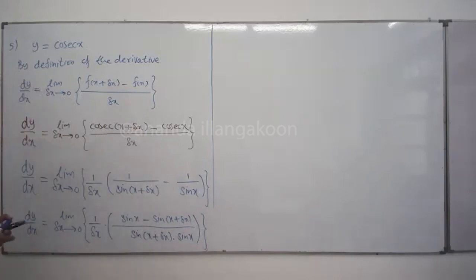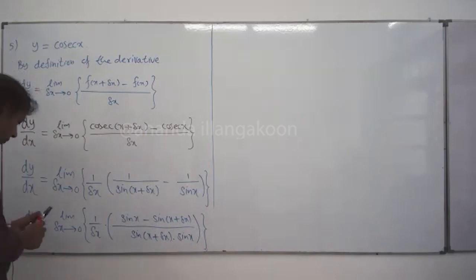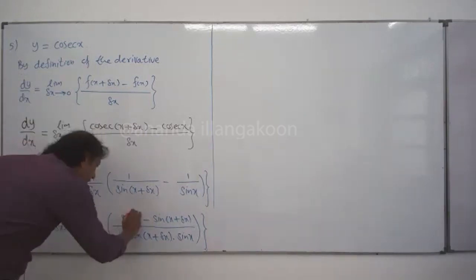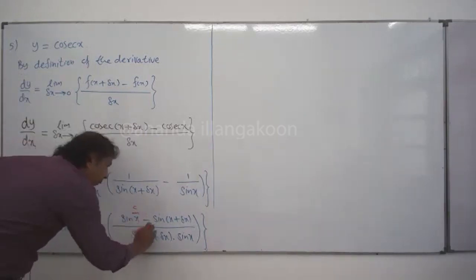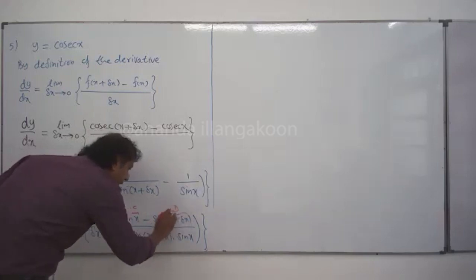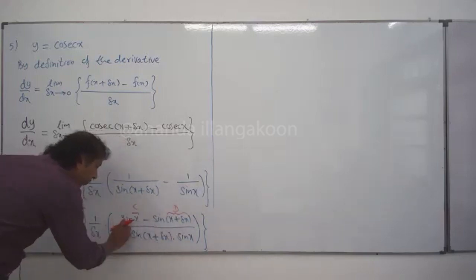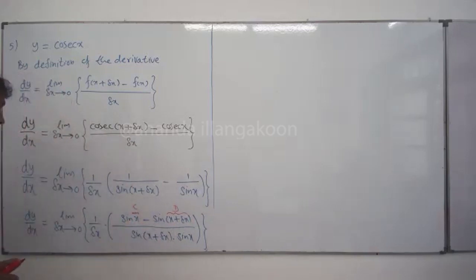This way. Now you can take this x as the angle C, this x plus delta x as the angle D. Then really here you get the sine C minus sine D form.